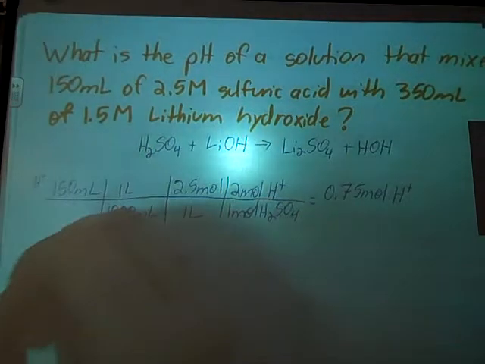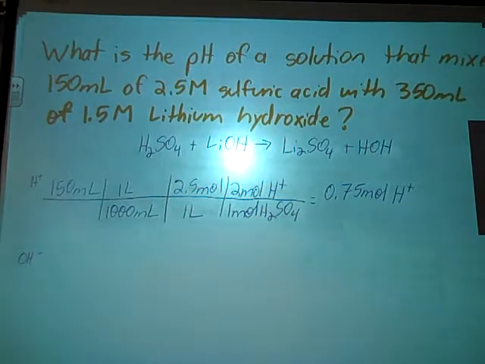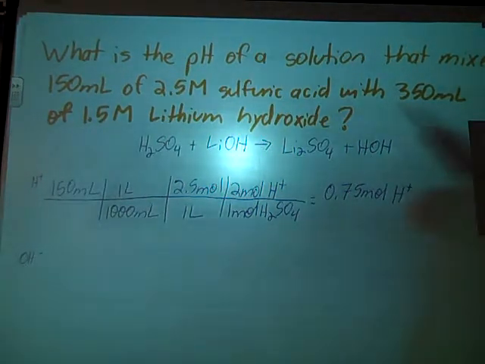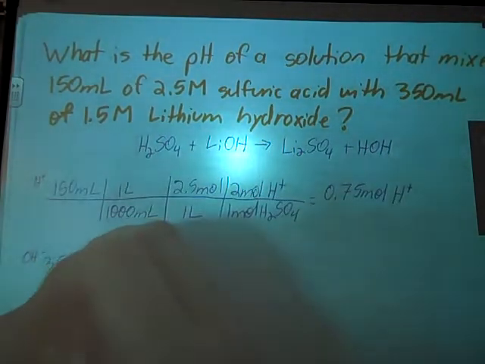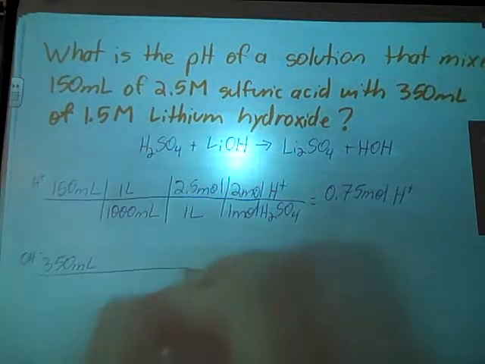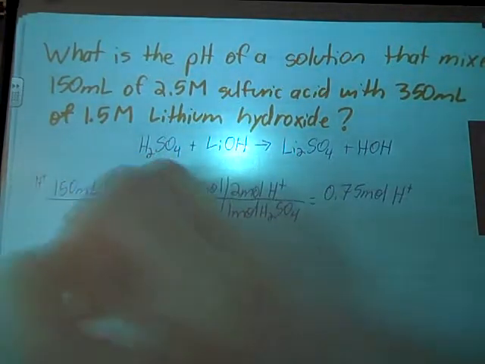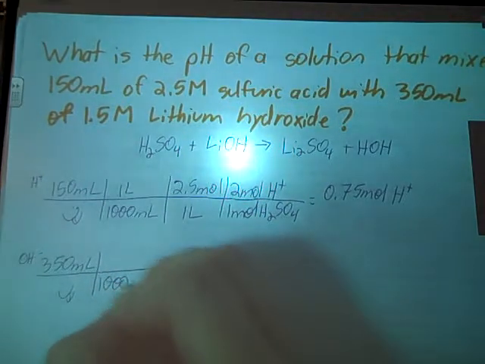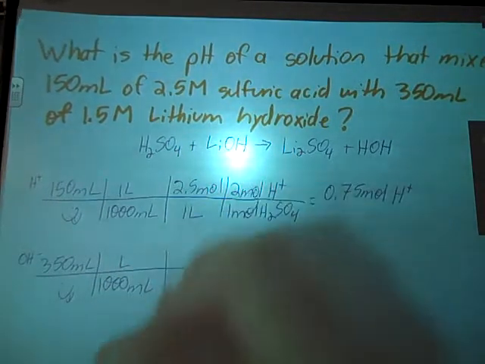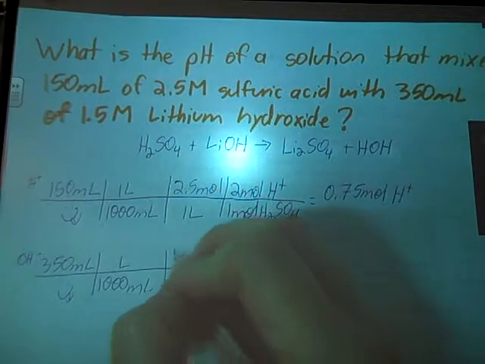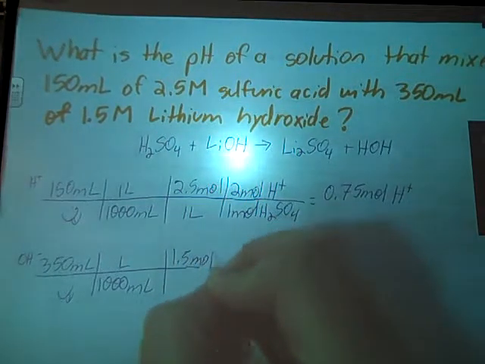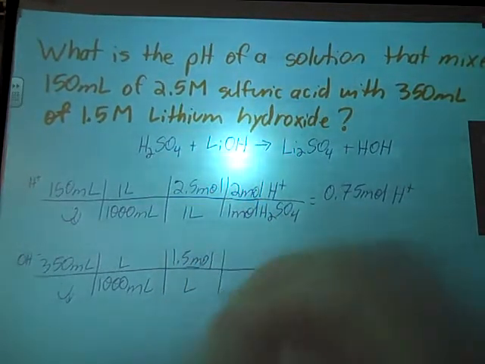Now let's figure out how much OH I have floating around in this solution. So this time we're going to do the same process, but we're going to start with the 350 mL of that solution. I forgot my smiley faces. It's my favorite part. Okay, we had a 1.5 molar solution per liter.